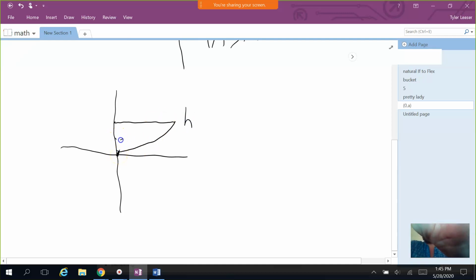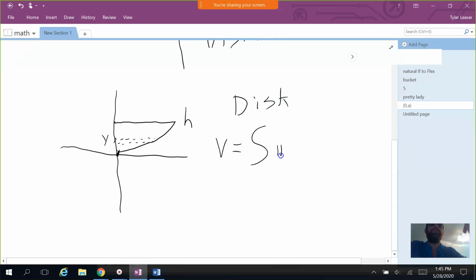If I do make these horizontal slices, each horizontal slice is located at y on the axis, and then my disk method has the formula that the volume is the integral of pi times the radius, which is going to be a function of y this time, squared, dy.